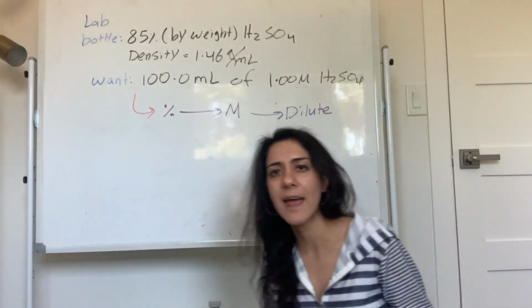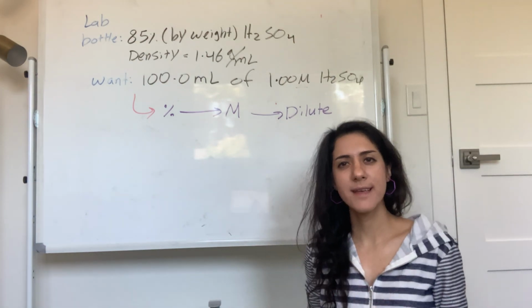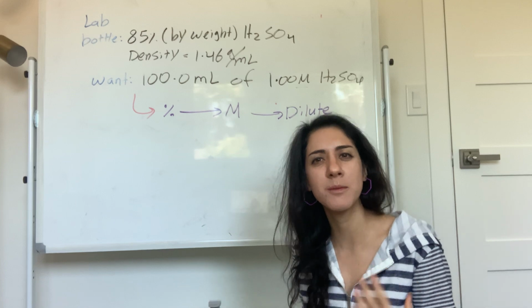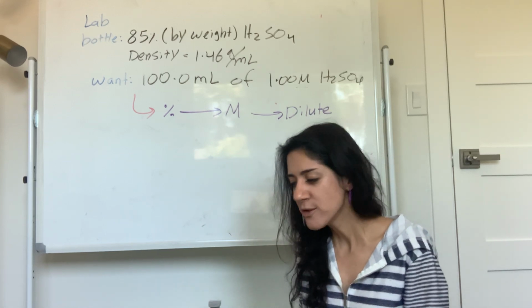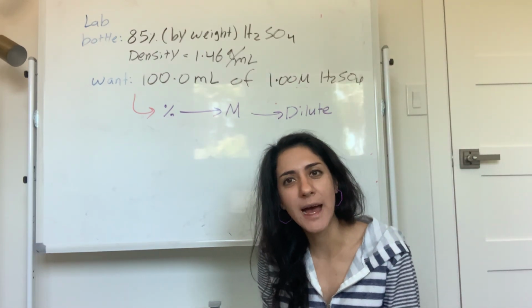So it says you have 85%, right? Percentage is not an amount. Percent is a ratio. I want you to remember that. So what I like to do is make up numbers to get to that ratio.